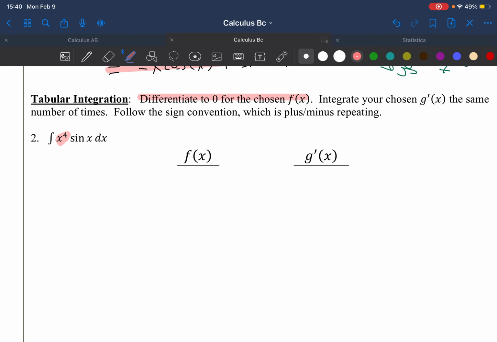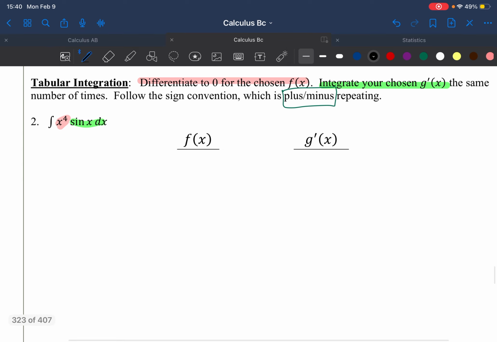Because if I continue to take the derivative of x to the 4th, I'll eventually get 0, versus if I was to take the derivative of sine x, it would just go back and forth between sine and cosine. So then it says integrate the chosen g prime of x the same number of times, so that's sine of x dx, and we are using a plus minus repeating pattern.